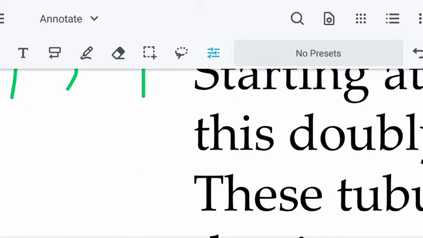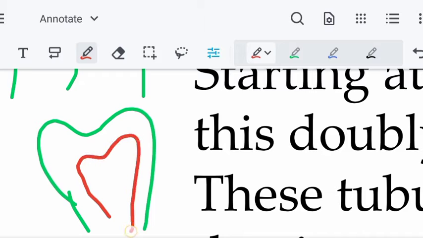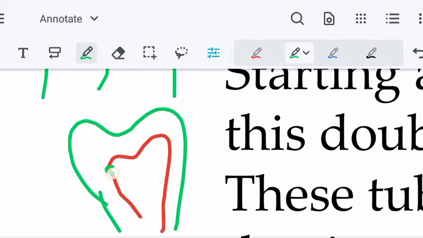If this is the tooth, this is the pulp here. These are small odontoblast cells present here, and these are the dentinal tubules.